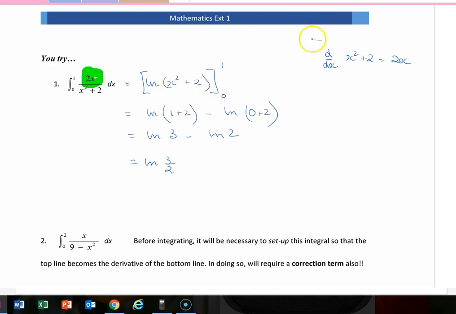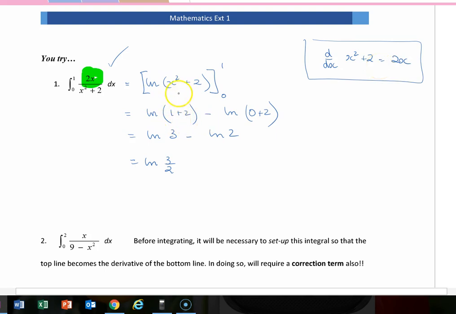And also, just before we start actually evaluating our integral, do a little check that the derivative of the denominator is actually what's sitting in the numerator. You'll see in the next example that we actually have a bit of a problem because it didn't work out this way. This was actually a nice question because the numerator was the derivative of the denominator.